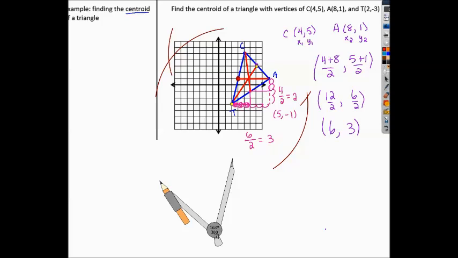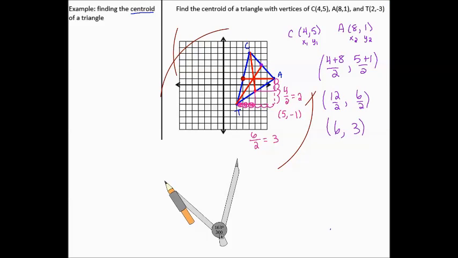I can see that all 3 lines will intersect right here. That is (5, 1). And that will be my centroid.